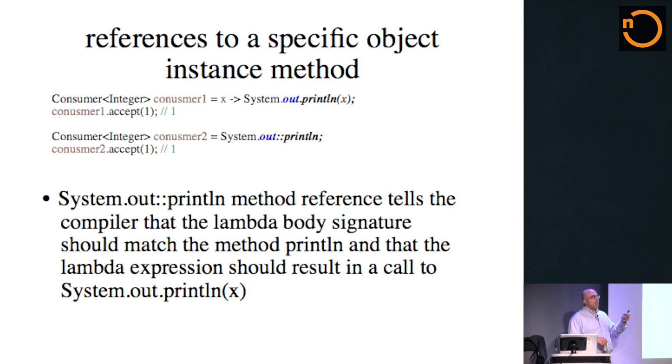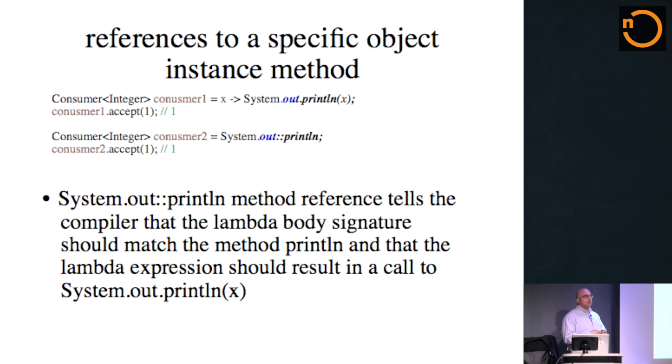It's a specific object, and you wanted to call the println method on that object. Can you replicate the same thing with a method reference? Yes, you can. You could just do it this way: System.out::println. So you're just putting the actual object reference that you want to invoke the method on, but you're using double colons like you would in C++.